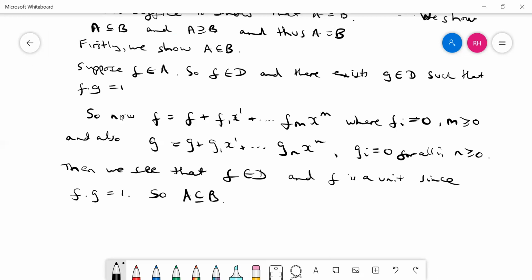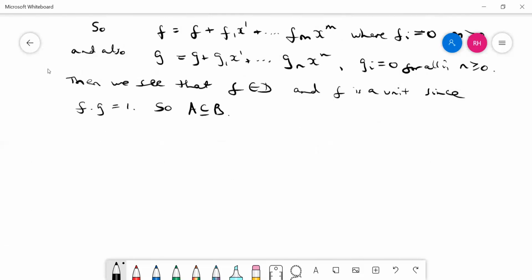Okay, so that was probably the easier bit. Now next, we will show that B is a subset of A. I wrote it around the other way before, but essentially it's the same thing.